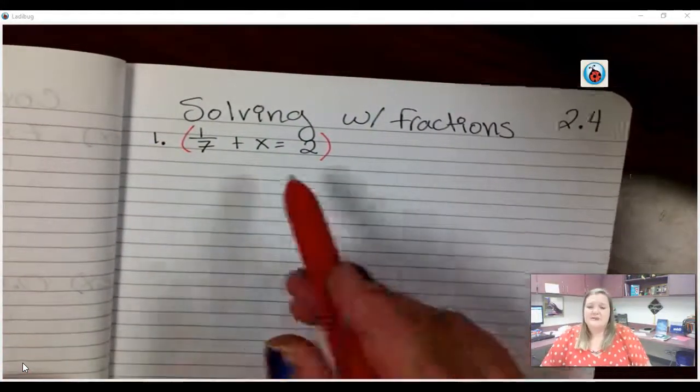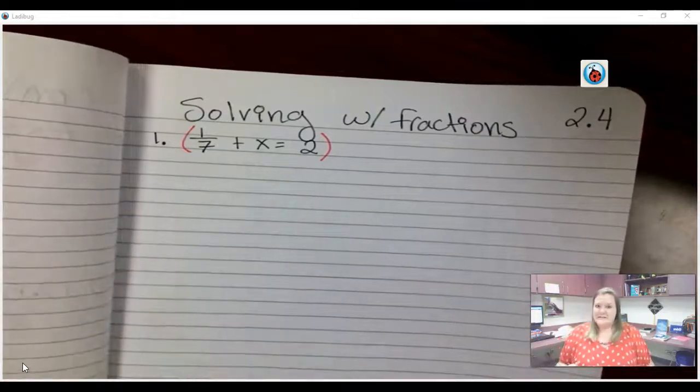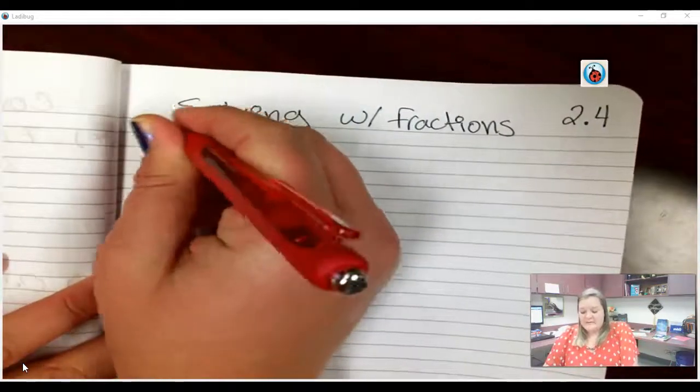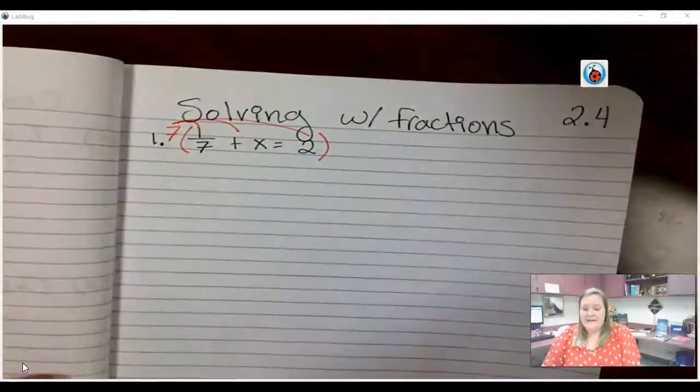So if you were to make all of these into fractions, what would the common denominator be? What can all of the denominators multiply together to get? That would be 7. So we would multiply everything in here by 7.